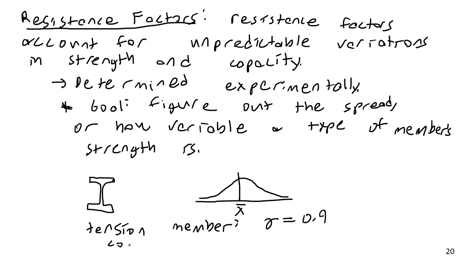Something like a column, though, you might use a gamma equal to 0.75. Here we're going to allow ourselves to take up to 90% of what we feel a tension member could take. Here you're only going to go up to 75%. And that's just because some member types and certain types of loading are just statistically more variable than the next.